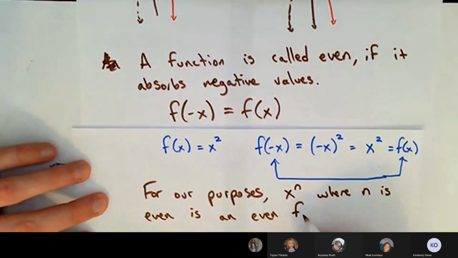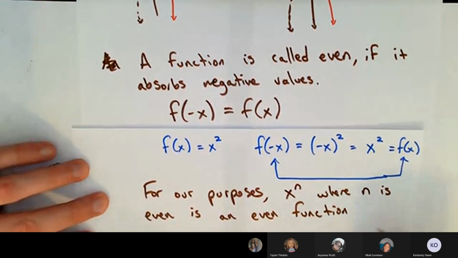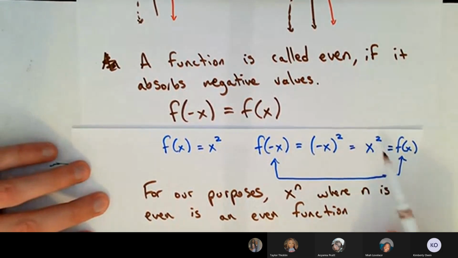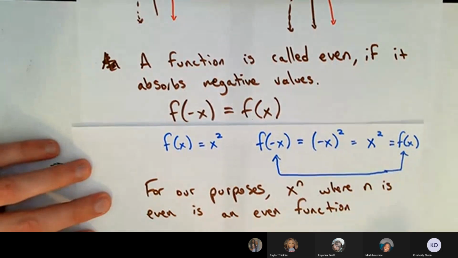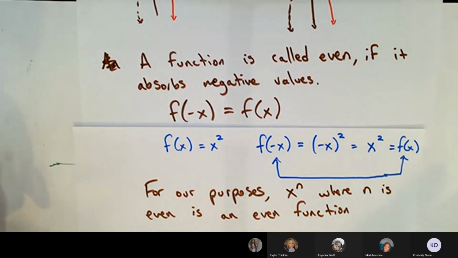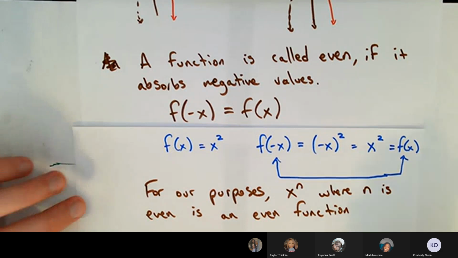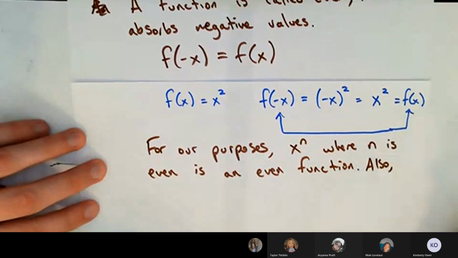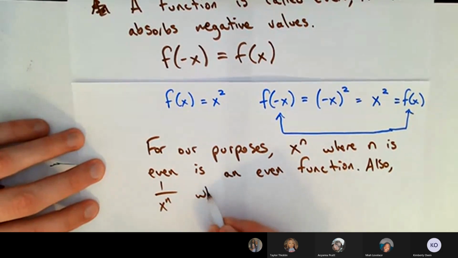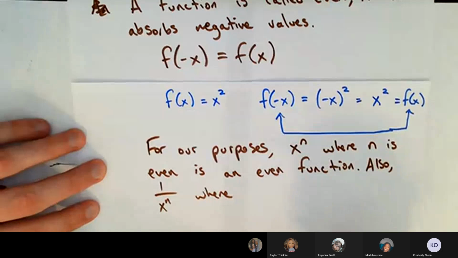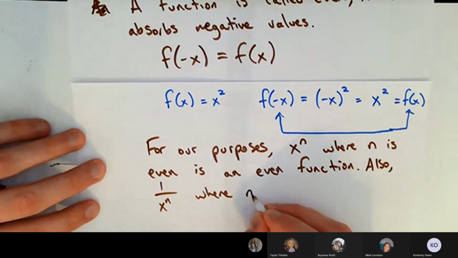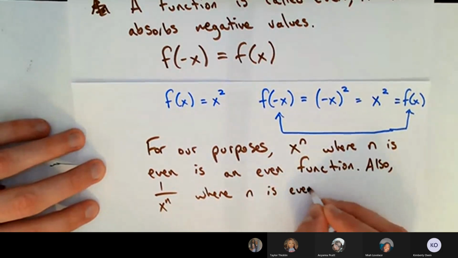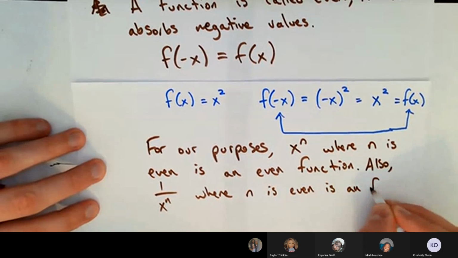That makes a whole lot of sense. If it's got an even power, like a 2 or maybe a 4 or a 6, then it'll be an even function, meaning that if you stuff negatives inside of it, it doesn't change. Also, what other even functions do we have? 1 over x to the n, where n is even. So 1 over x squared, 1 over x to the 4th, is an even function.